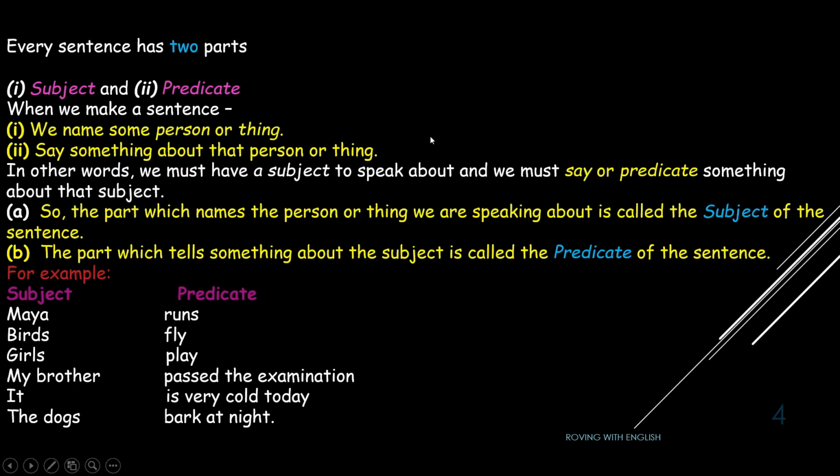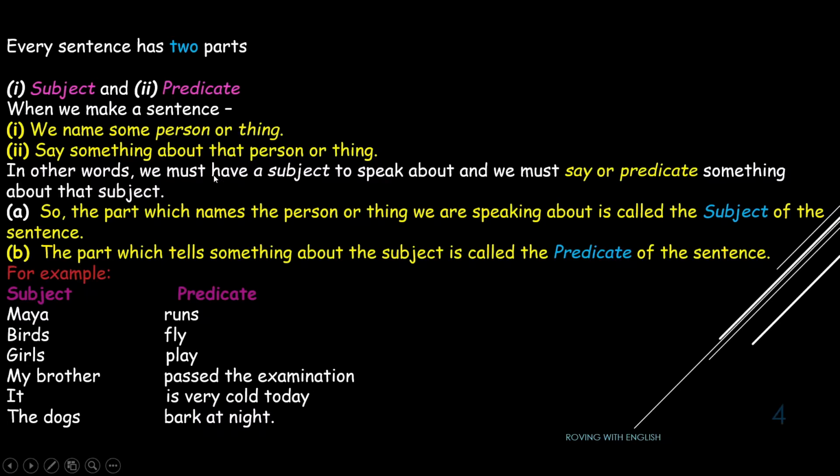Now, we've seen the kinds of sentences. Now, let's look at the 2 parts of the sentences. And the first is subject and the other one is predicate. So, when we make a sentence, we name some person or thing. And also, we say something about that person or thing.